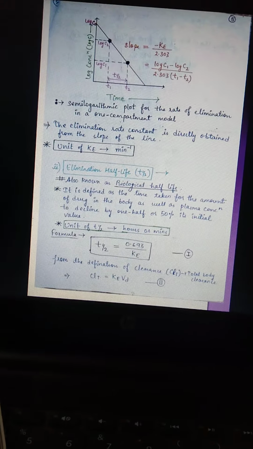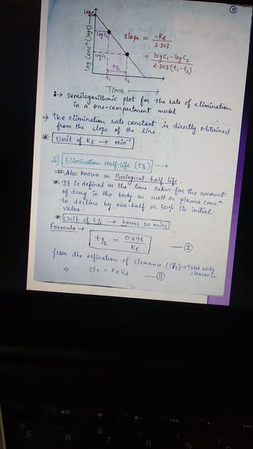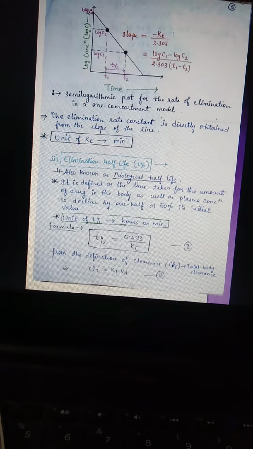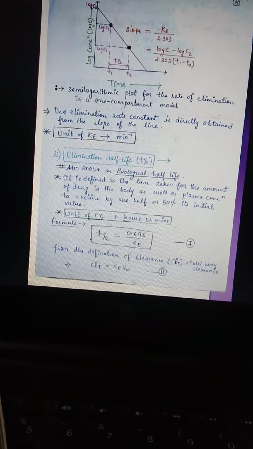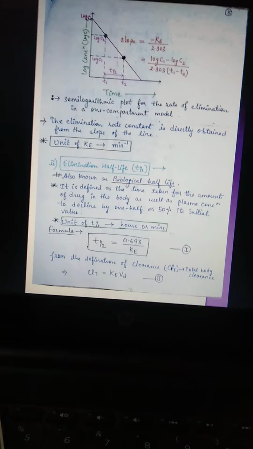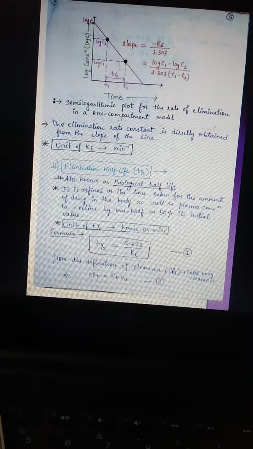So now, what is clearance? Clearance is the most important parameter in clinical drug application, and it's useful in evaluating the mechanism by which a drug is eliminated by the whole organism or by a particular organ.